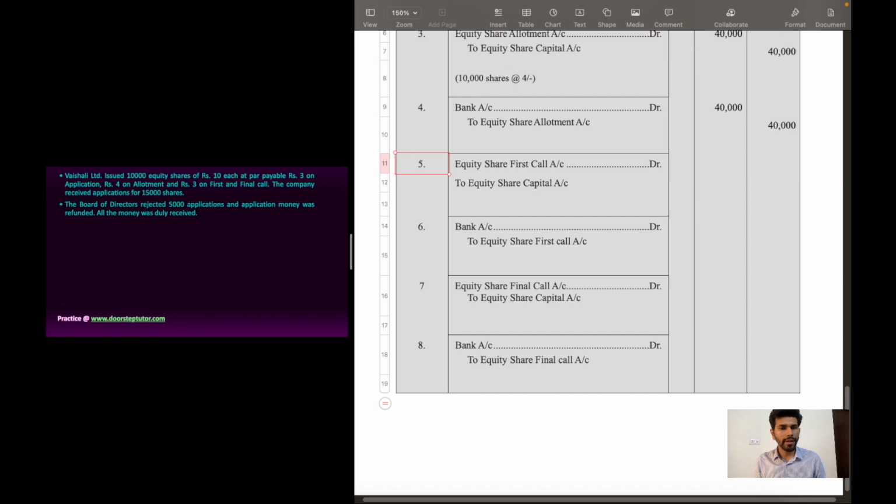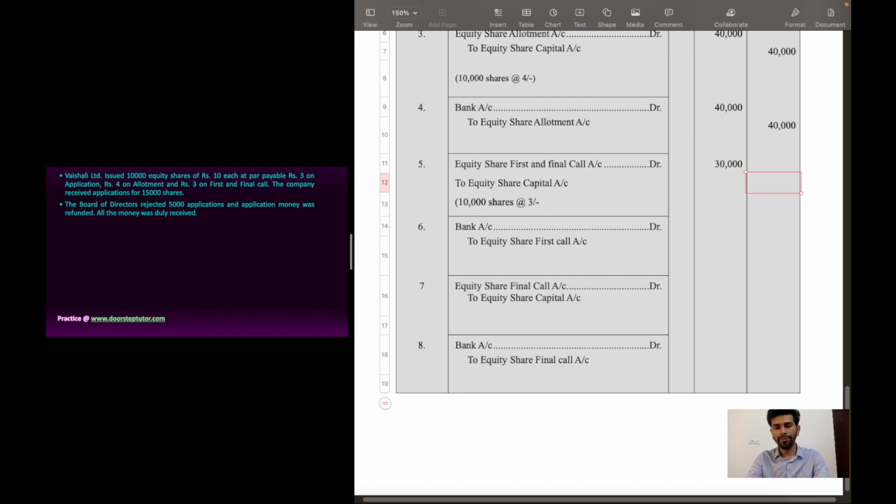And next journal entry will be for first and final call money, 3 rupees. So entry for first and final call money due will be equity share first and final call account debit to equity share capital account. Amount will be 10,000 equity shares at the rate 3 rupees each.